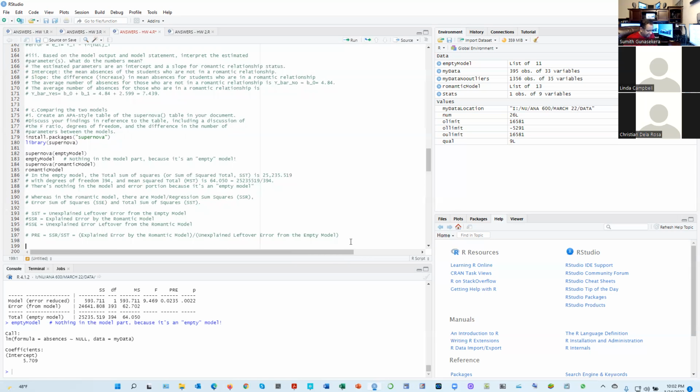And on the other hand, what is F? F is nothing but mean squared regression divided by mean squared error.